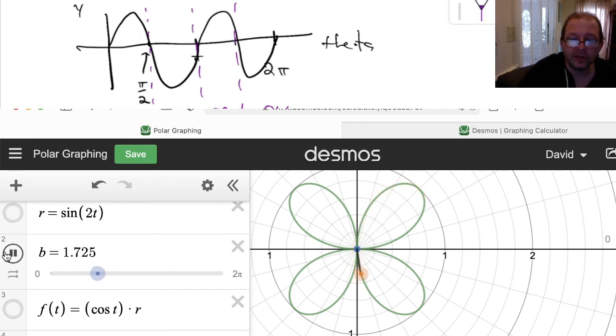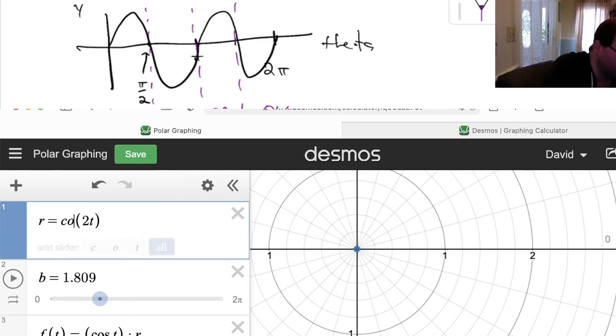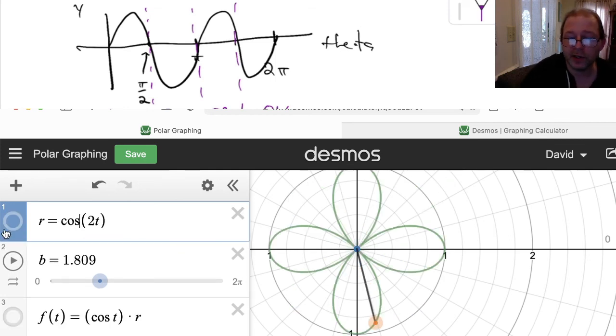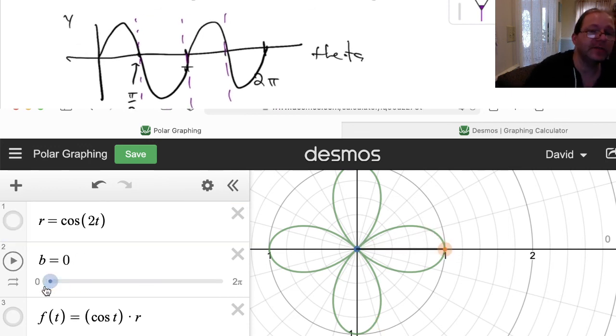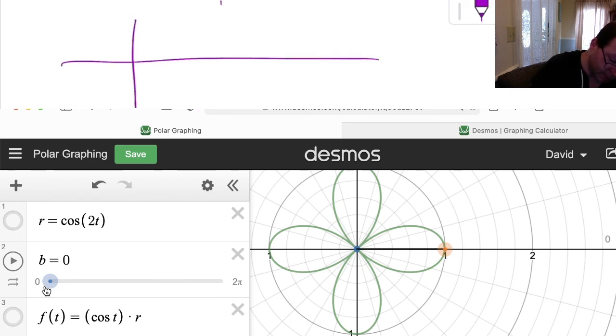And if I change this to a cosine instead of a sine, it's going to be the same shape, but it's rotated a bit. And if you look at it, we start here at that 1. And the reason for that is graphing cosine 2 theta looks like this. That's pi. That's 2 pi.